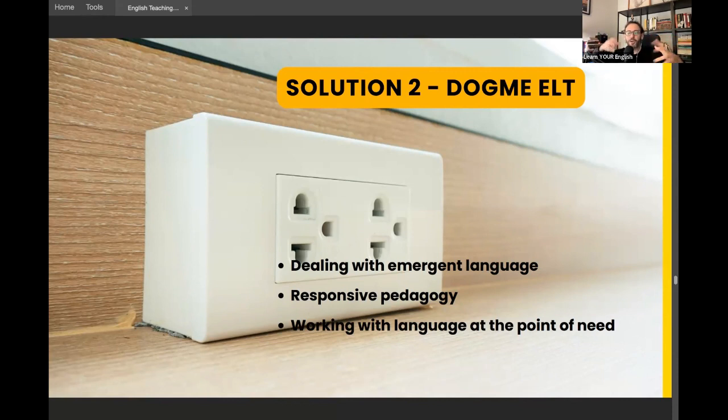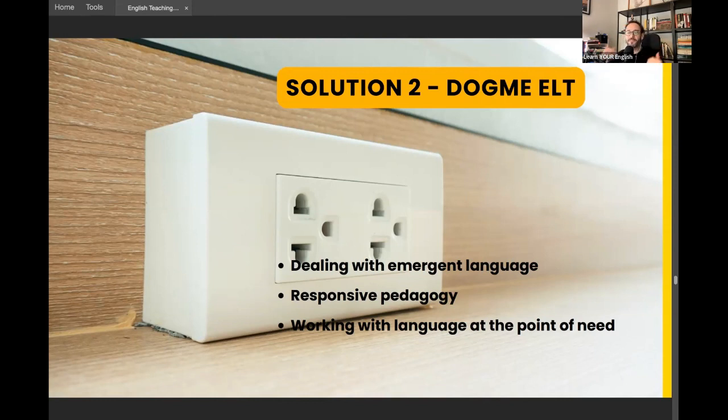And what happens is all of these interactions, all of these opportunities for students to actually communicate in the language will provide us with opportunities to deal with language that will naturally emerge out of those processes, out of those examples that Mike just used in the restaurant. It's interesting because it is really a responsive pedagogy.